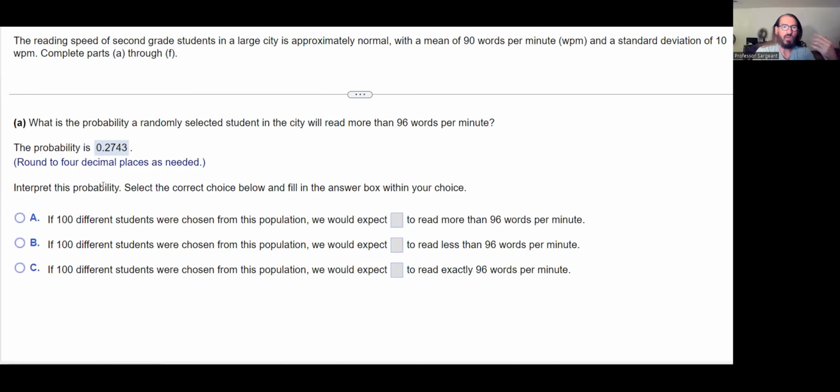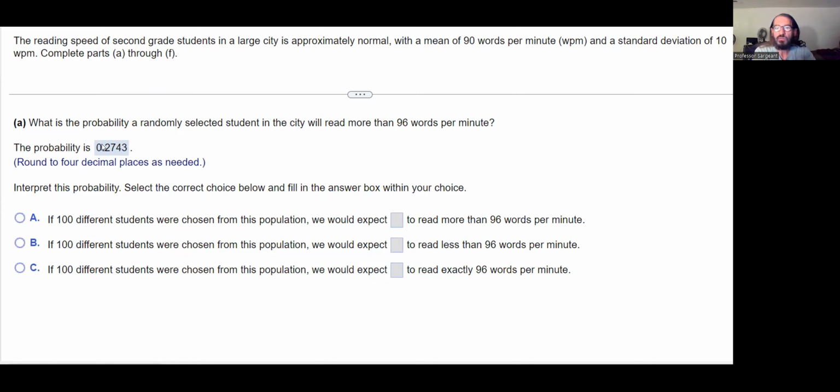So if I reverse that, multiply the 0.2743 by 100, I'd get 27.43, but it doesn't make sense to have 0.43 of a student. That would round down to 27 students.